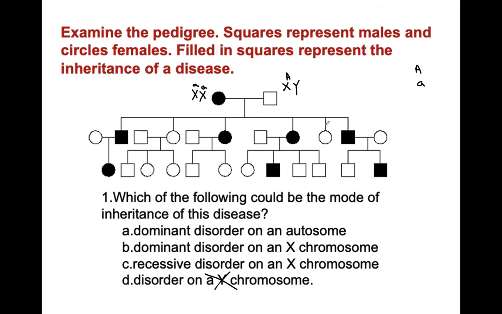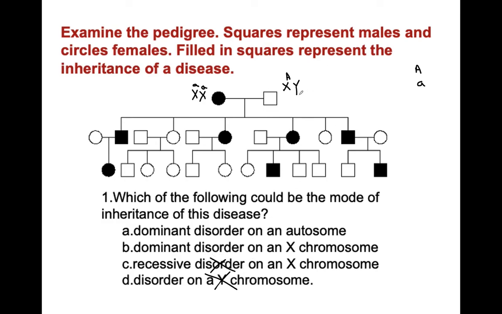They have the daughter who is not showing the disease, that's fine, but the next one does show the disease. But we know that this daughter inherited the dominant allele from her dad. So this evidence rules out a recessive disorder on the X chromosome.